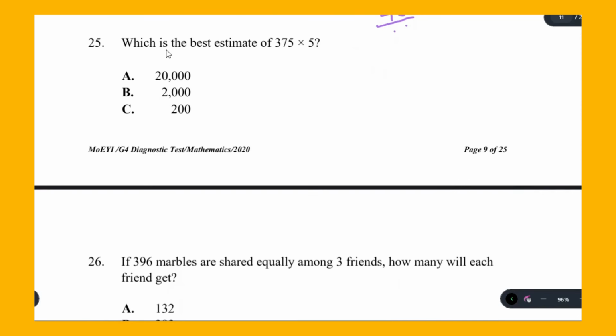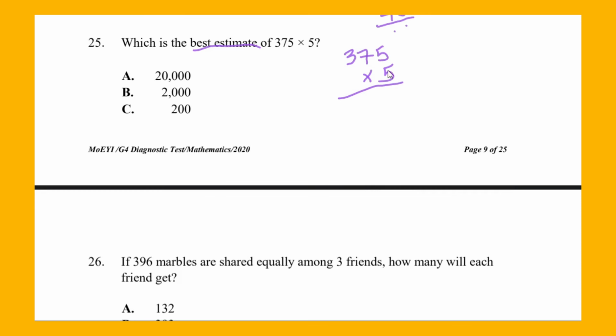Question 25. Which is the best estimate of 375 times 5? Now let us see which of these options will be closest to our answer. So we're going to set out our problem. 375 times 5. 5 times 5 is 25.